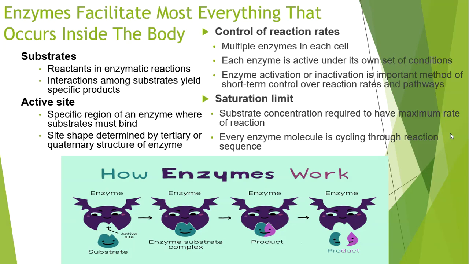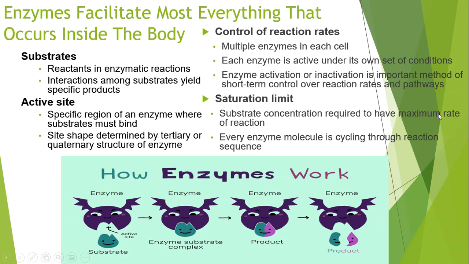And then usually you have your product, which is going to be whatever comes out of the reaction from the enzyme and the substrate. You can see this nice little diagram I included down here, which shows a substrate attaching to the active site, the enzyme substrate complex formation here, the beginnings of the formation of the product here, and then the release of the product from the active site of the enzyme.